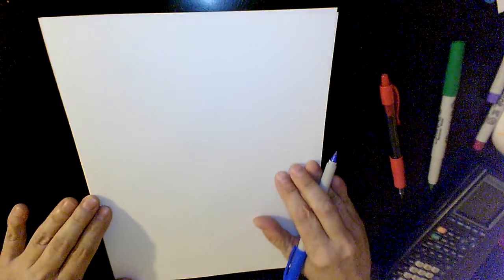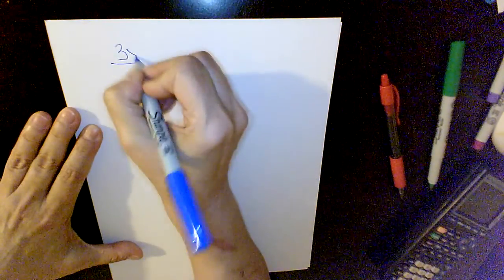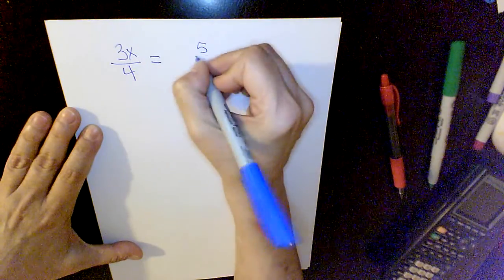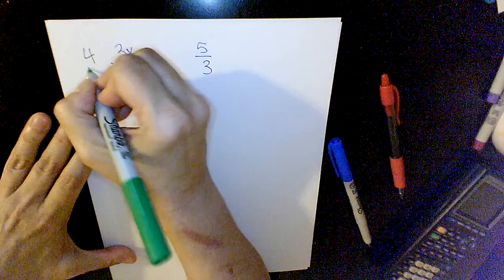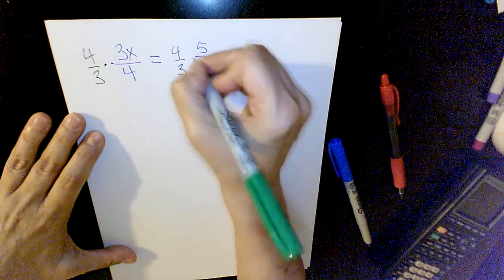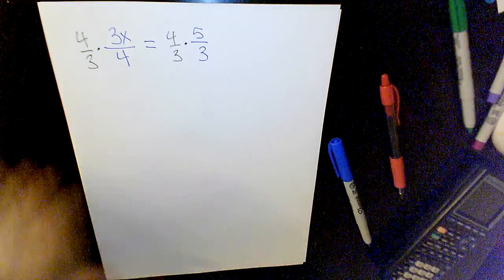Okay, so I've got 3/4 x equals 5/3, and I'm multiplying both sides by 4/3. Okay.